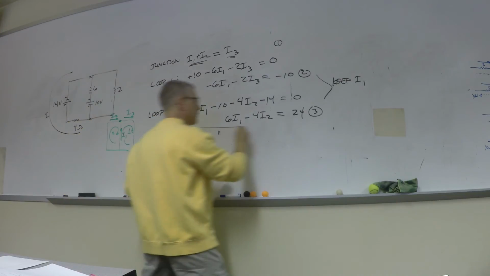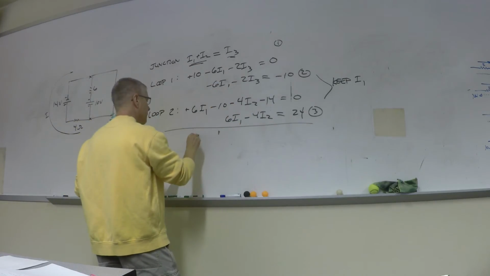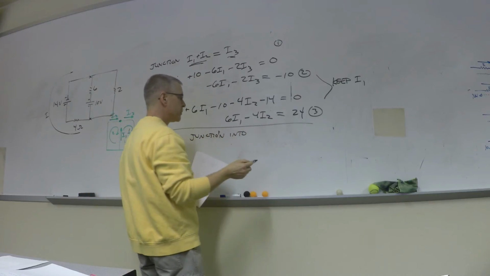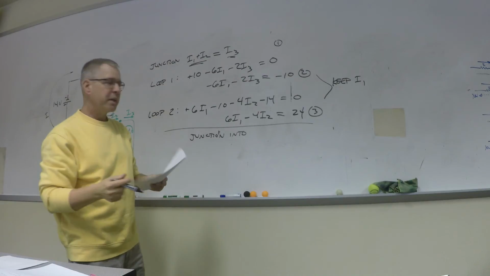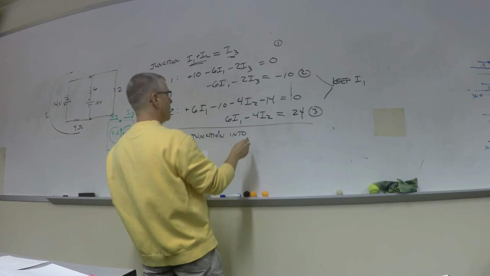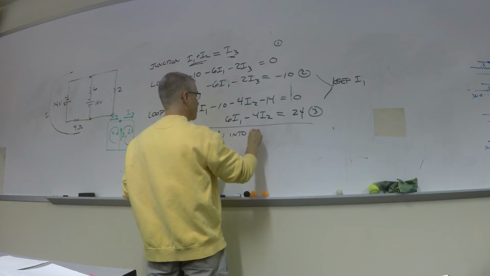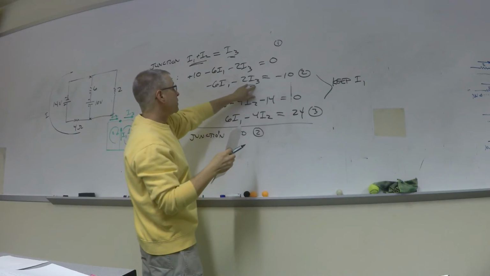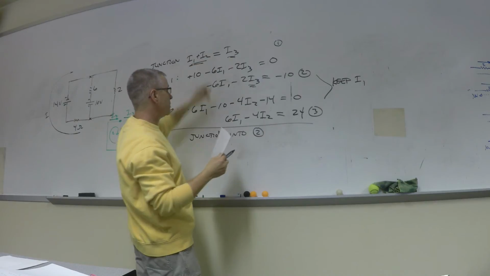So typically the first step is to put your junction into one of those loops. Again, you can do it other ways, but the easiest for me is to go, okay, let's put it into our second equation. There's I3 right here. I3 is the same thing as I1 plus I2.